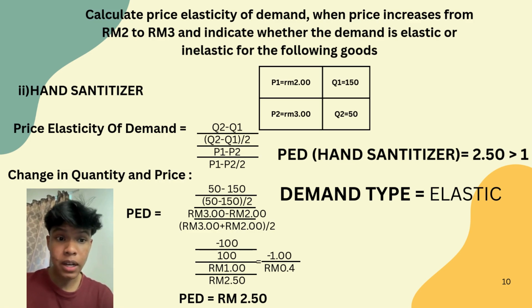That is negative 100 divided by 100, divided by 1 ringgit divided by 2.5 ringgit, and negative 1.00 divided by 0.4 ringgit, and the answer is 2 ringgit and 50 cent. The type of demand is elastic.